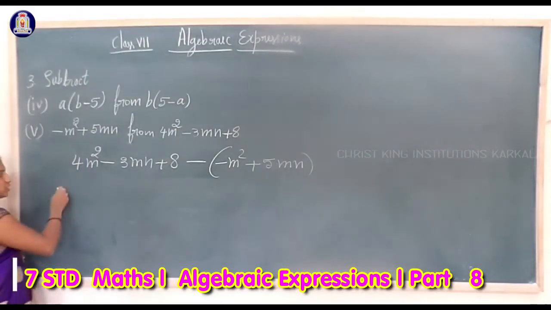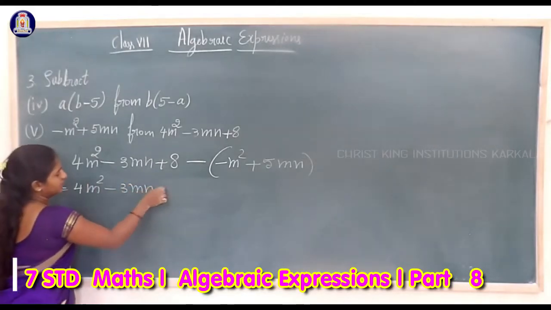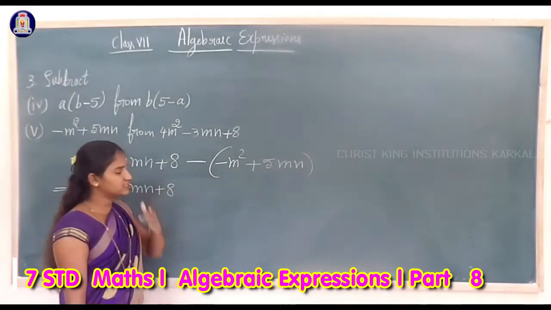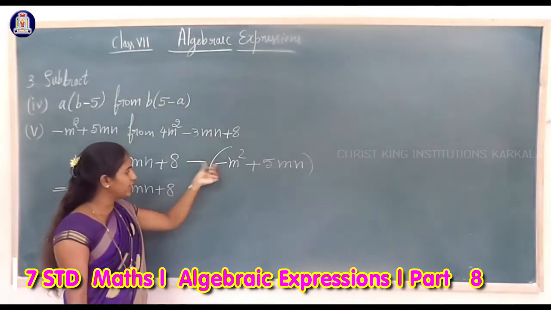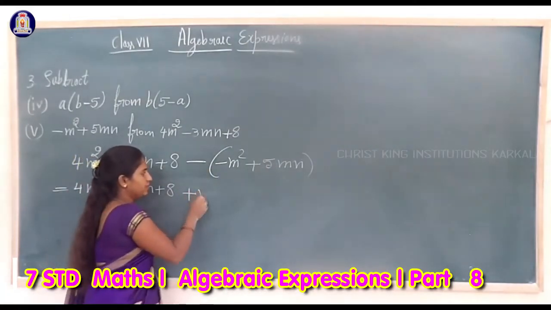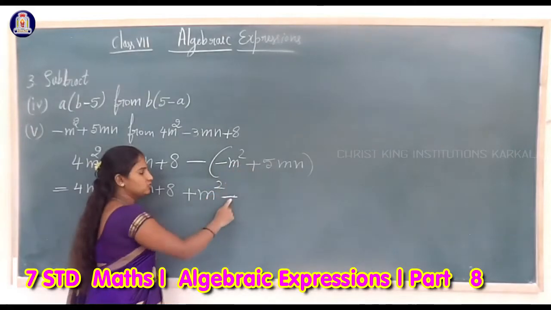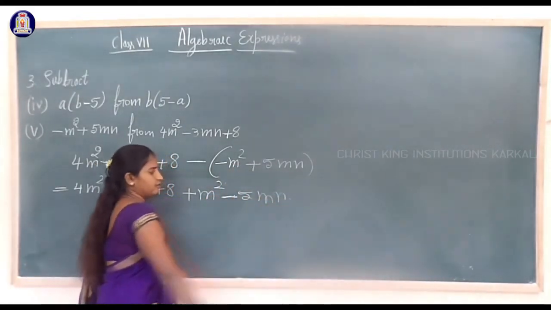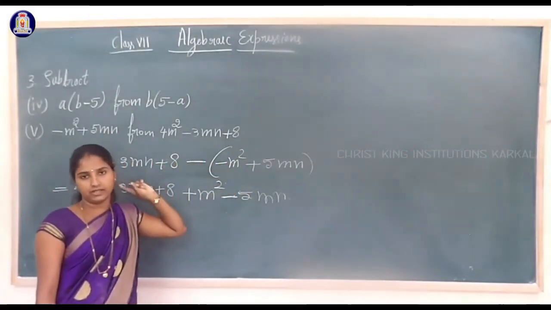The first expression, that is 4m square minus 3mn plus 8. Now, how to remove this bracket? You have to multiply the sign. Minus into minus, plus m square. Minus into plus, minus 5mn. First you have to multiply the sign, next multiply the number.